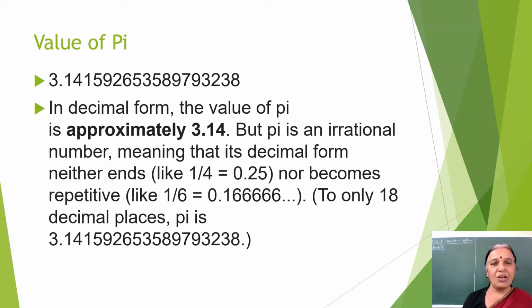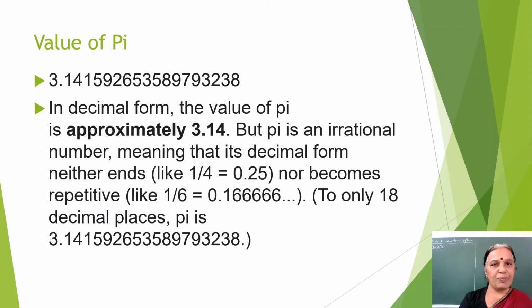We are taking it up to 2 decimal places, but pi is an irrational number, meaning that its decimal form neither ends like 1 by 4, which means 0.25, nor becomes repetitive like 1 by 6. Value of 1 by 6 is equal to 0.16666, etc. Here it is given only to 18 decimal places.